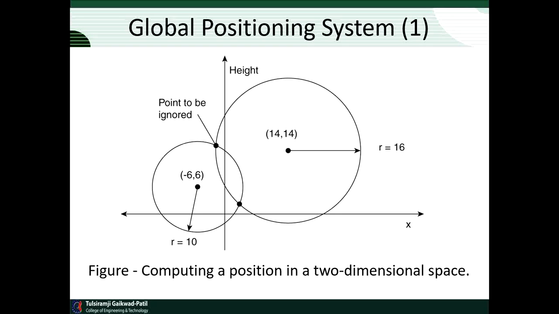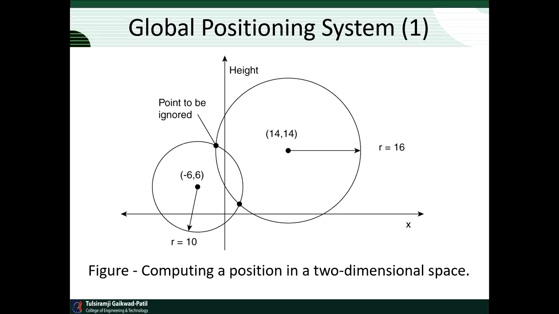In this diagram, computing a position in two-dimensional space is given. In order to compute a position, consider first the two-dimensional case as shown in this figure, in which two satellites are shown and circles are drawn, representing points at the same distance from each respective satellite.